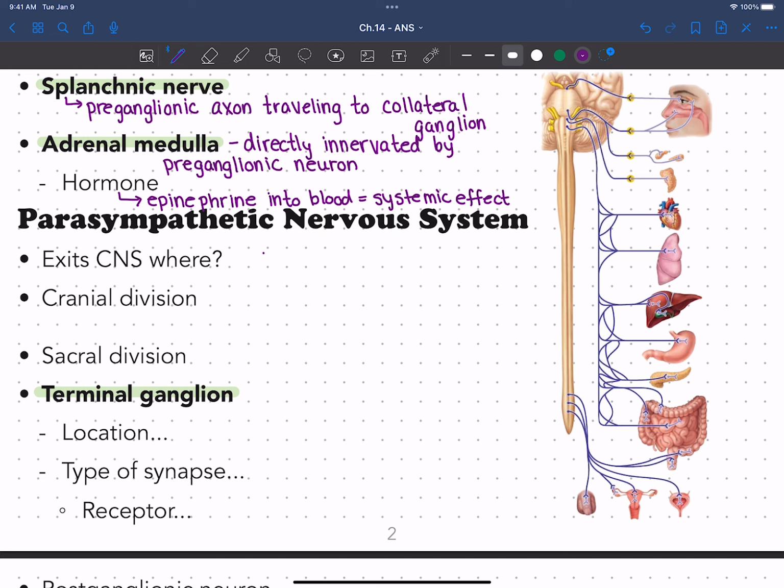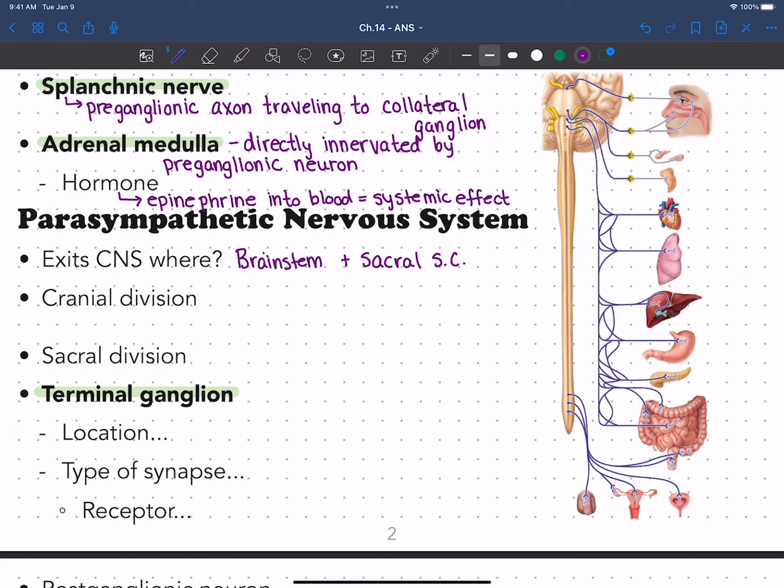The preganglionic neurons will exit the central nervous system in the brainstem through cranial nerves and the sacral spinal cord.